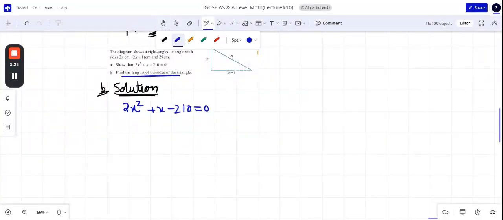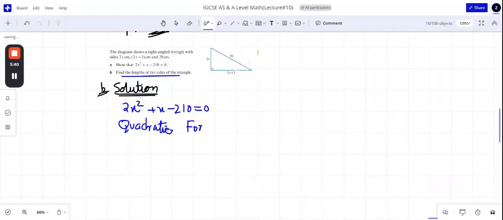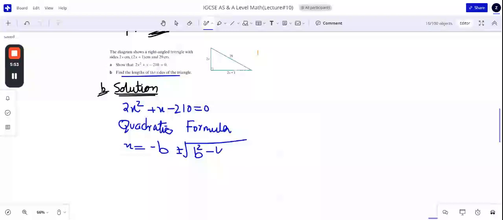To find the sides of the triangle, we will use the quadratic formula: x equals minus b plus minus root b squared minus 4ac, over 2a.